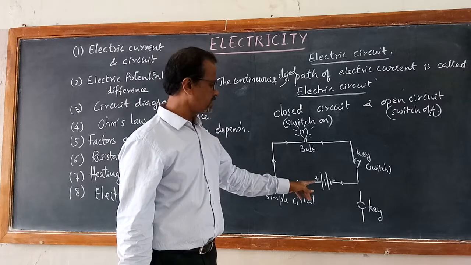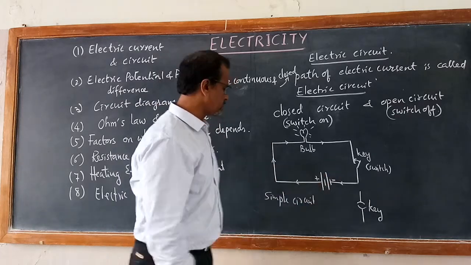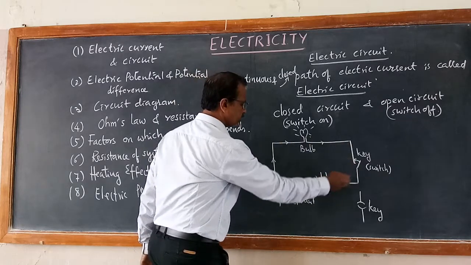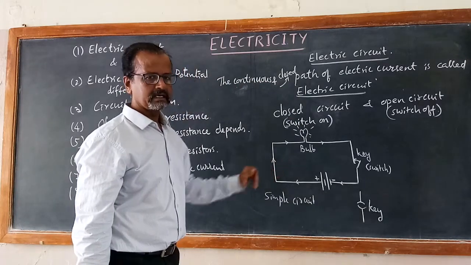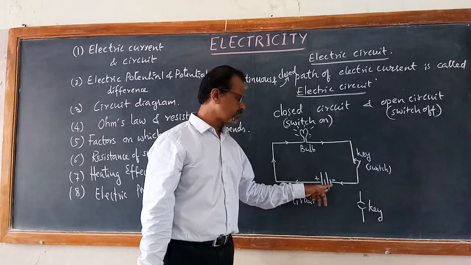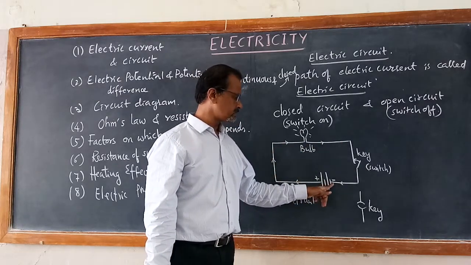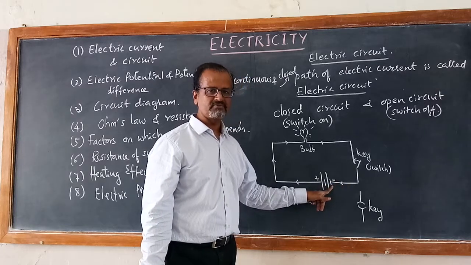And you see the direction of current is from the positive terminal to the negative terminal. The flow of positive charges is from the positive terminal to the negative terminal. This is called the direction of electric current. Whereas the direction of electrons is actually from the negative terminal to the positive terminal through the external circuit. So the negative terminal is the source of electrons.